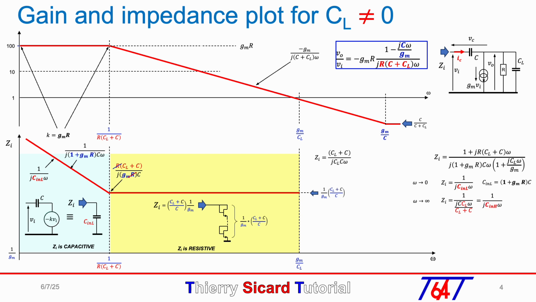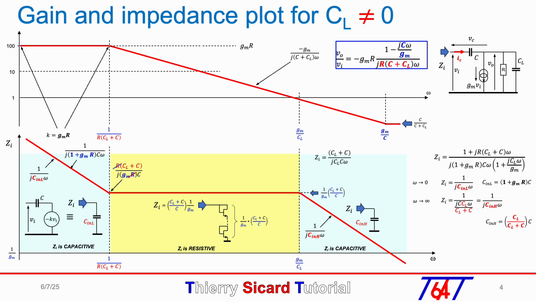The H in CinH denotes the input capacitance for high frequency, to avoid confusion with CinL. We can now represent the capacitive impedance CinH in red. Thus, when omega is greater than Gm over CL, the impedance becomes capacitive again, indicated by the blue area.